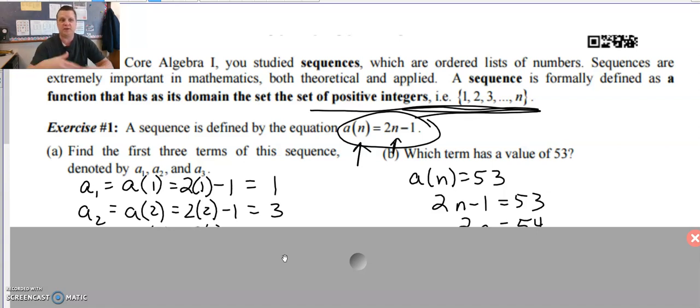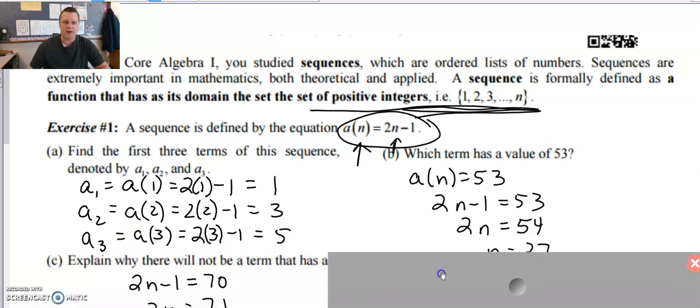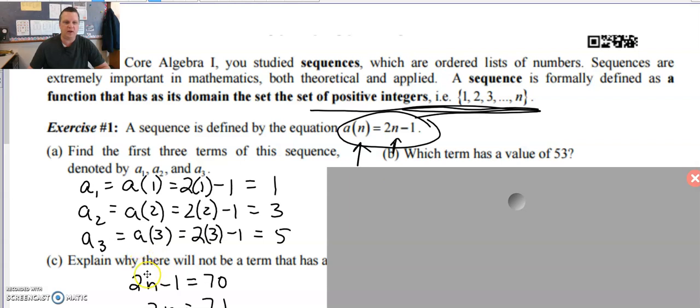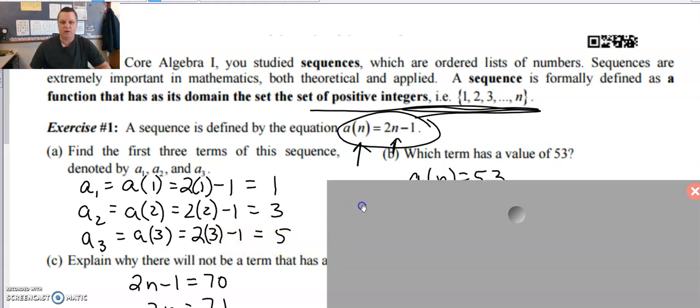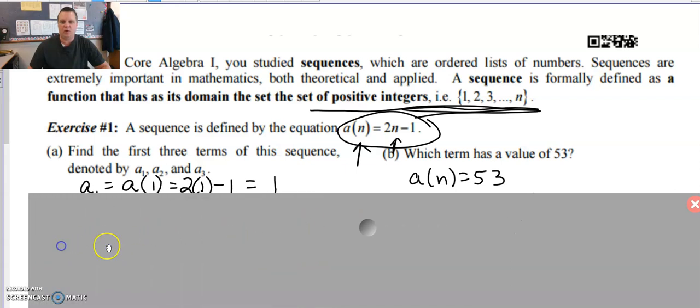Now if I go too fast, you need to pause it. And then we have A3, which is 2 times 3 minus 1, which is 5. Now, if they want you to find which term has a value of 53, that means I want my A sub n to equal 53.